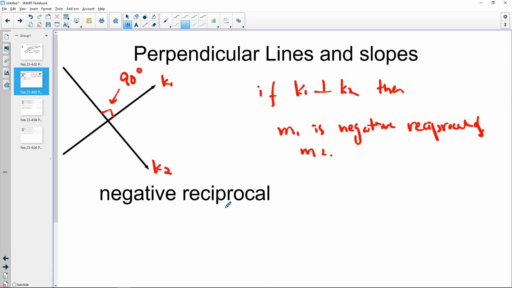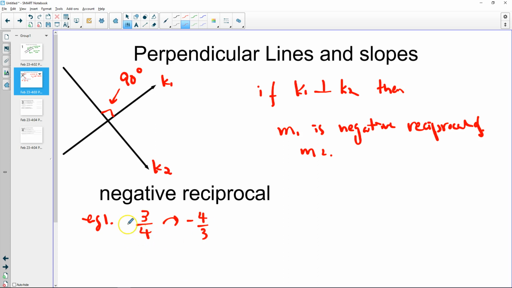Okay, so let's start with a fraction. A fraction is much easier to understand in this scenario. Example 1: if I know one of the slopes is 3 over 4, then the negative reciprocal of this is negative 4 over 3.